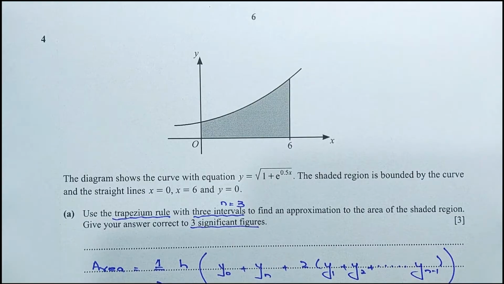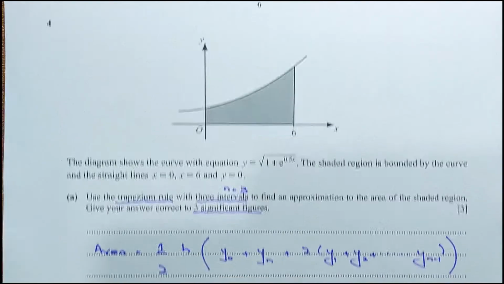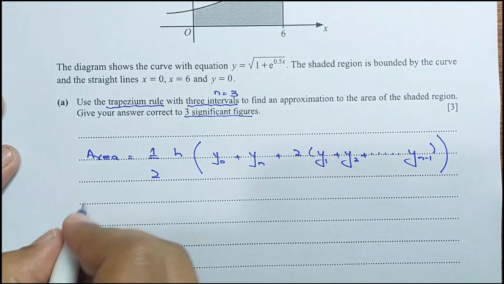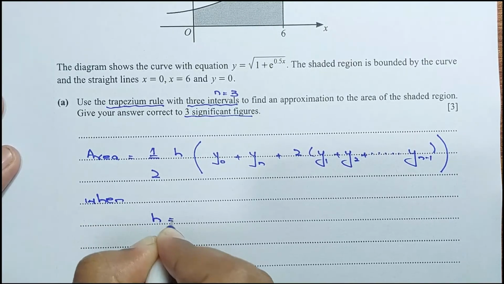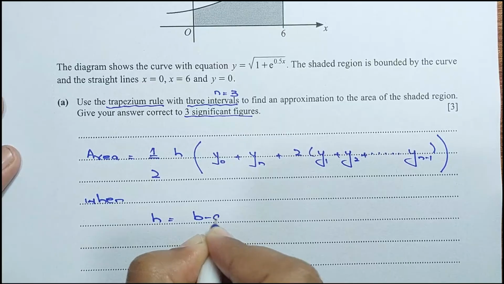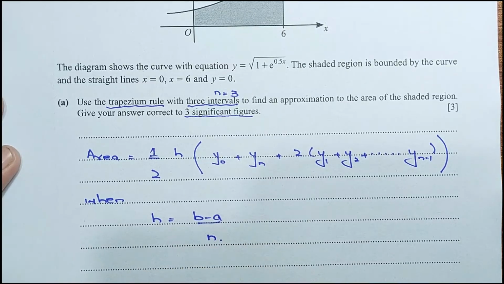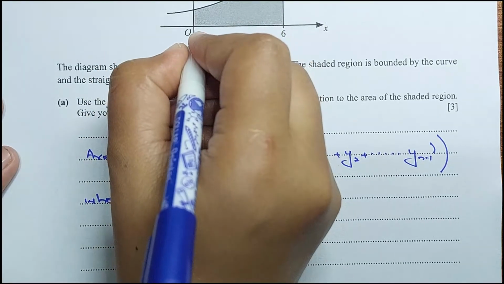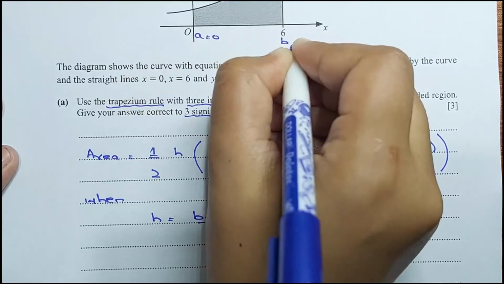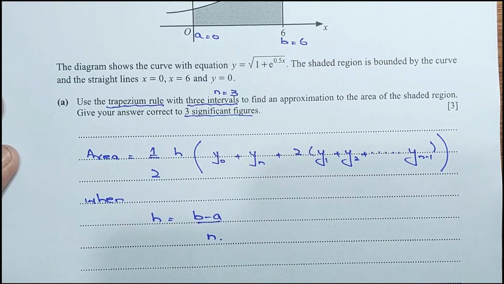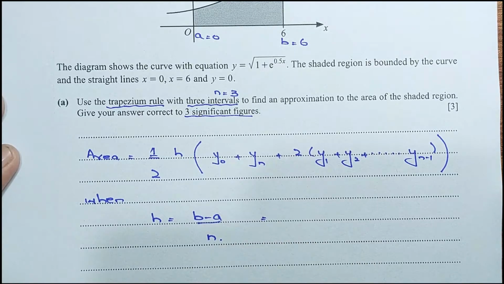The middle terms are multiplied by 2, and the first and the last terms are just added. And what is h? Where h is b minus a over n. Okay, so what is a? A is this and b is this. A is 0, b is 6. So we can say a is 0, b is 6.